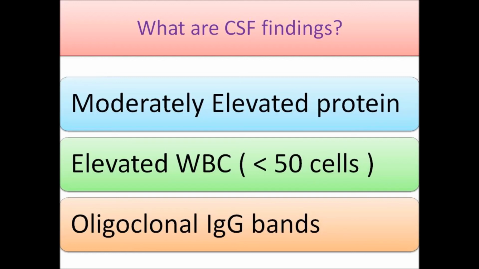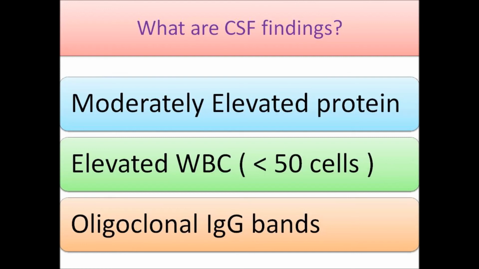These two criteria are seen during an acute attack. We have oligoclonal IgG bands, which are seen in 90% of patients with multiple sclerosis, especially between the attacks. They are non-specific for multiple sclerosis, so the CSF is helpful but not necessary.